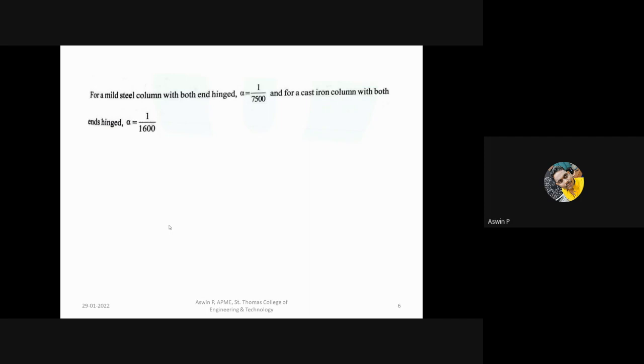If not given in your question paper, you need to take them as such. That is, for a mild steel column with both ends hinged, alpha will be 1 by 7500, and for a cast iron column with both ends hinged, it will be 1 by 1600. This is an important term.